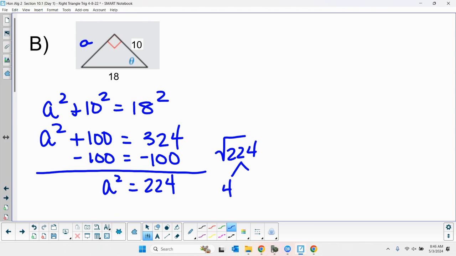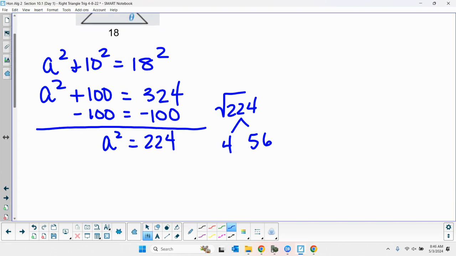Let's see. 4 goes into 22 5 times. And 4 goes into 24 6 times. Checking. Is that 4 times 56? Okay. And then I'm going to keep that because it's a what? Perfect square, right? I think 4 goes into 56.